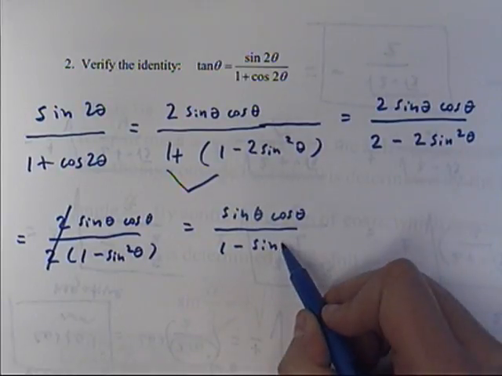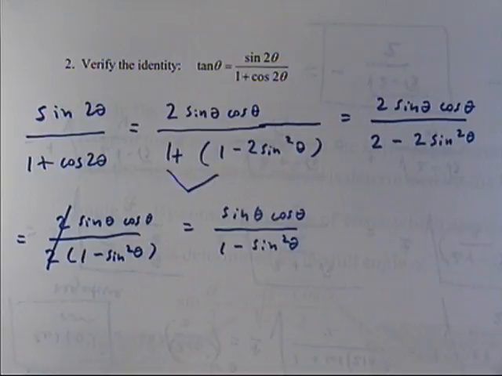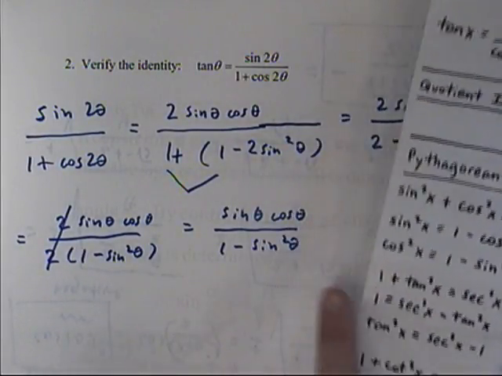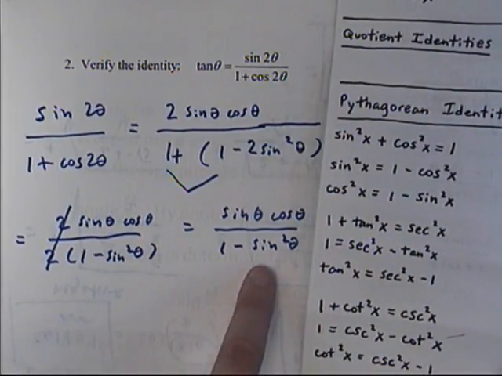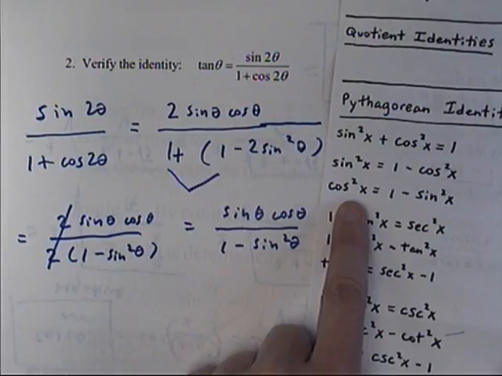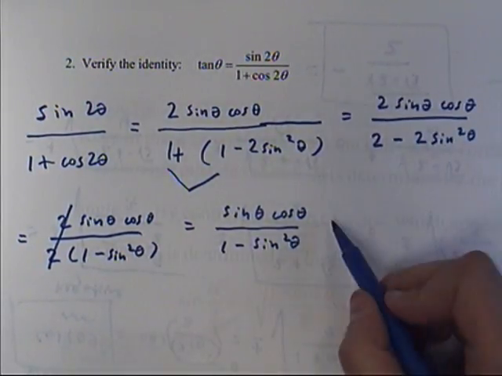Now this one, in the denominator, is just a regular Pythagorean identity. It's from back in section 5.1, right there. Pythagorean identities, 1 minus sine squared is actually cosine squared. So I'm going to change the bottom part from this to this, cosine squared.